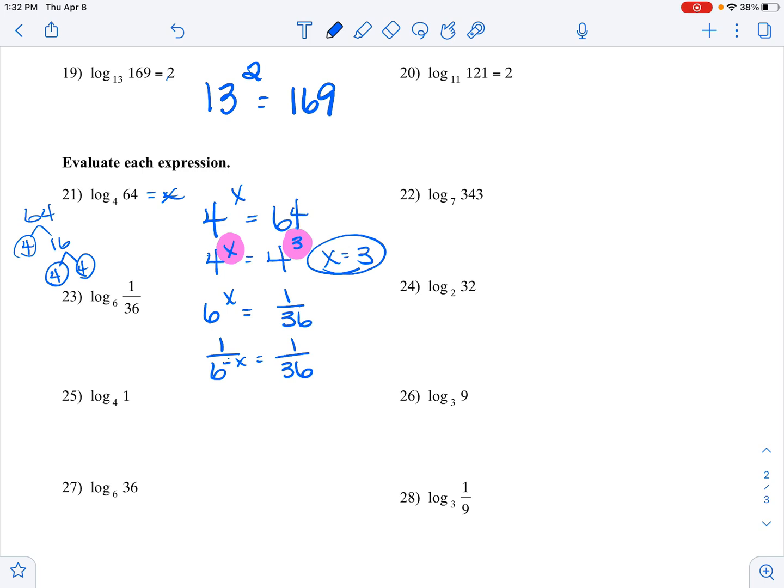How do I turn 6 into 36? Well, 36 is the same thing as 6 squared. So 1 over 6 to the negative x is equal to 1 over 6 squared. And so if negative x is equal to 2, then x is equal to negative 2.